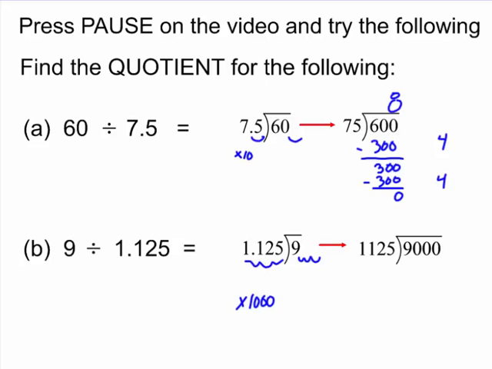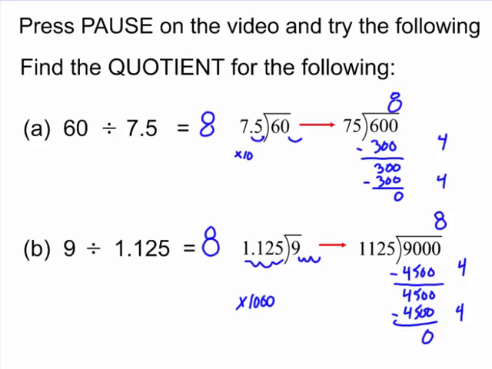I'm going to start with 4 of those, and that's going to be 4,500. When I subtract those, I'm left with another 4,500, which I already know is 4 groups. So I could subtract that again, end up with 0 left over, and again, my answer is 8. So for both of these, the solution was 8.